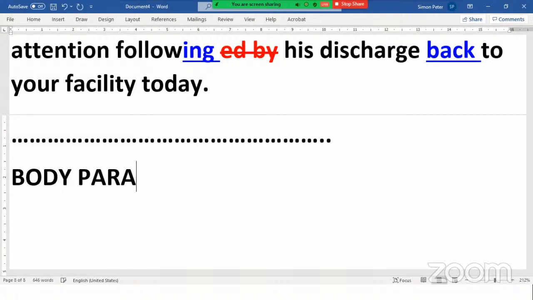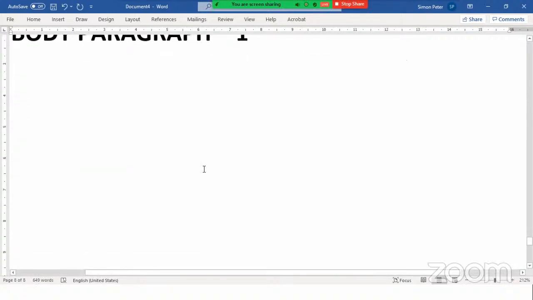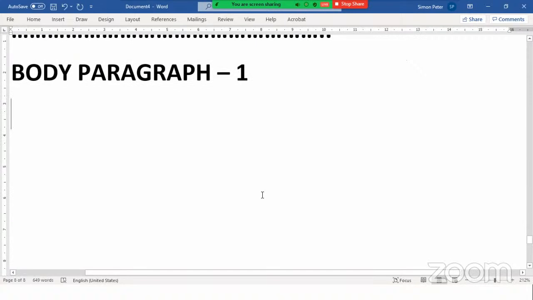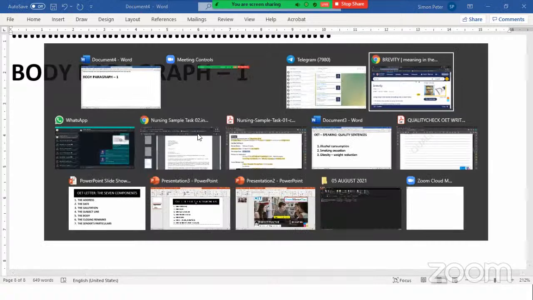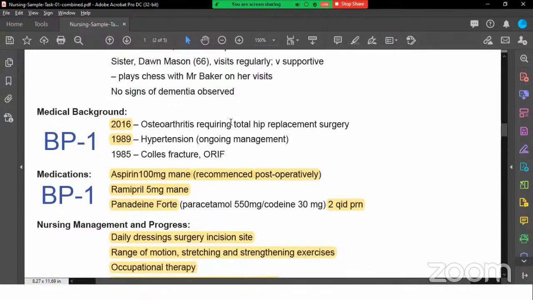What are the points in body paragraph 1 which you have to consider? All the normal things: before the replacement, after the replacement, and after surgery.